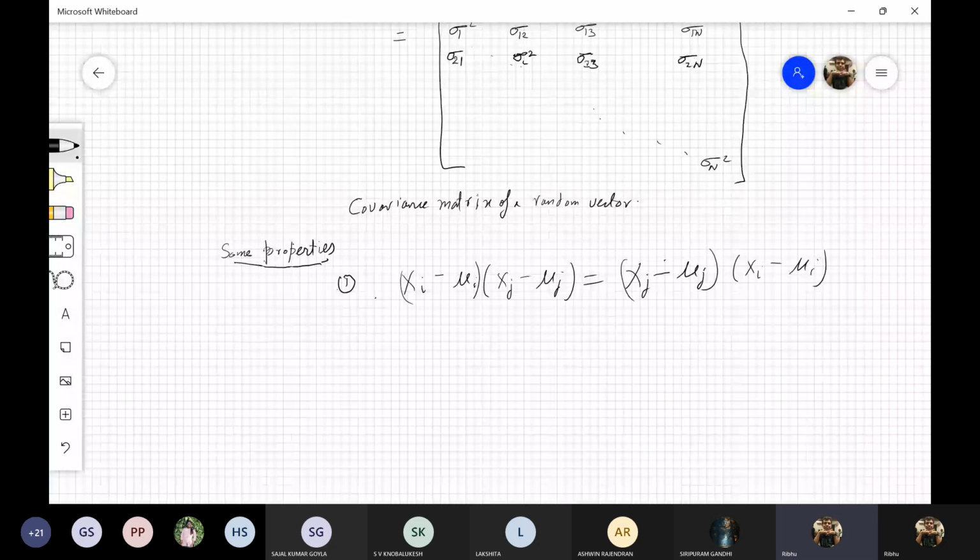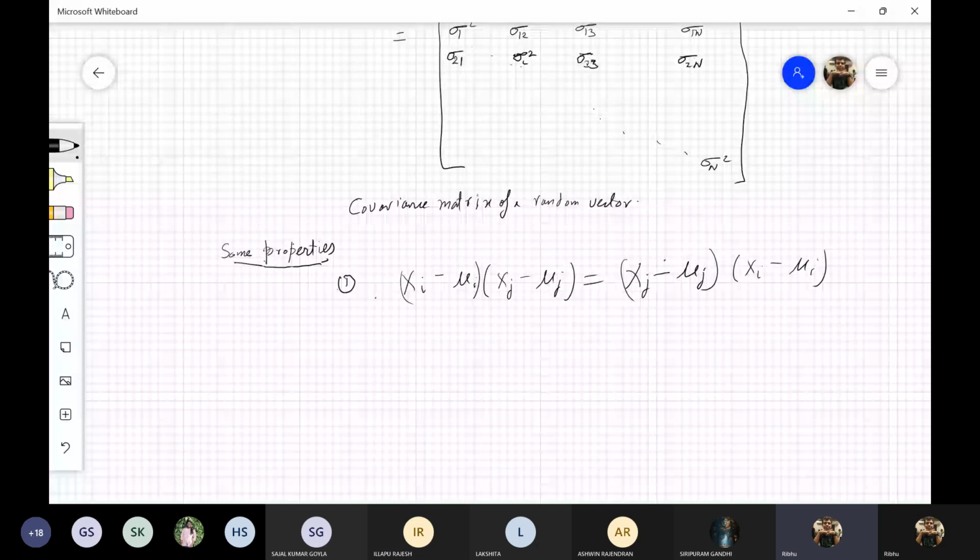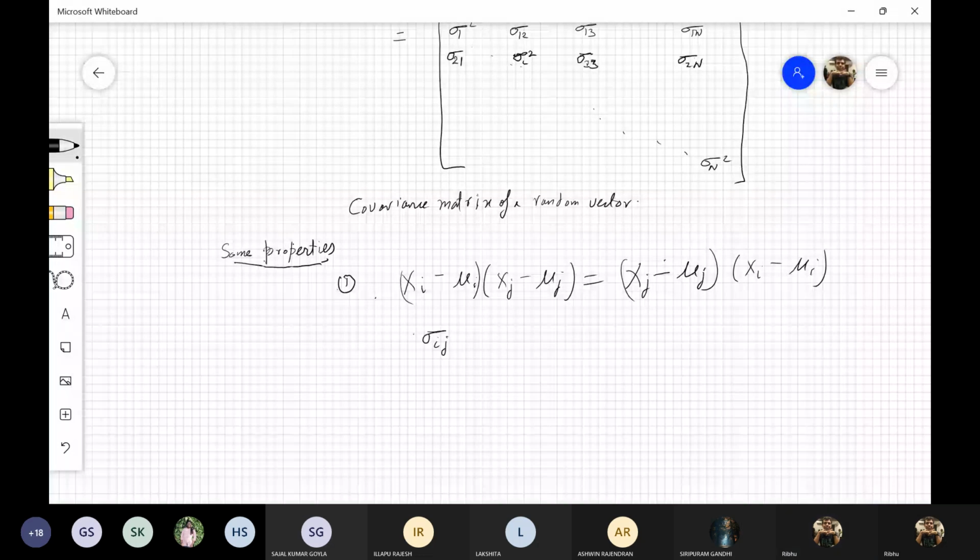Is this right? Guys, is this right? Yes, sir. Great. So I take an expectation on both sides. So I'll say that sigma ij equals sigma ji, right?